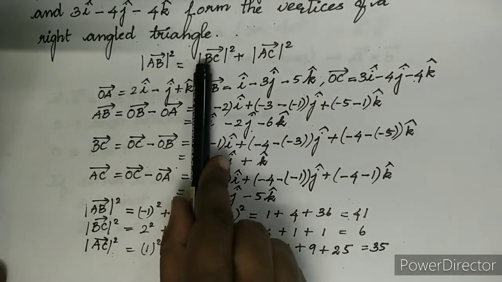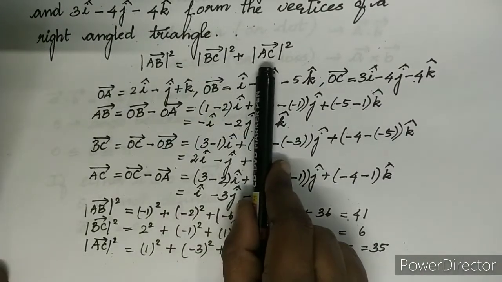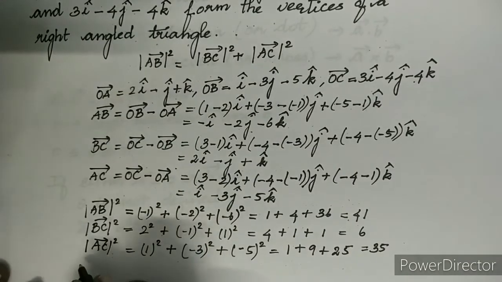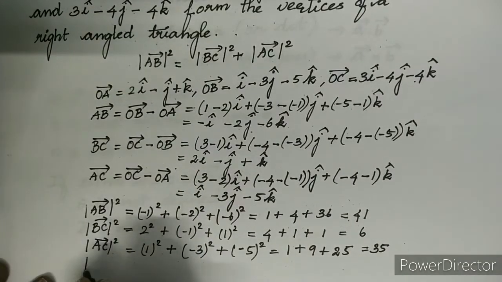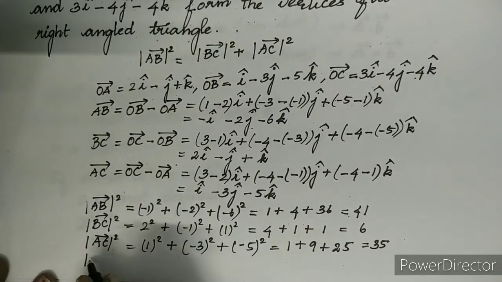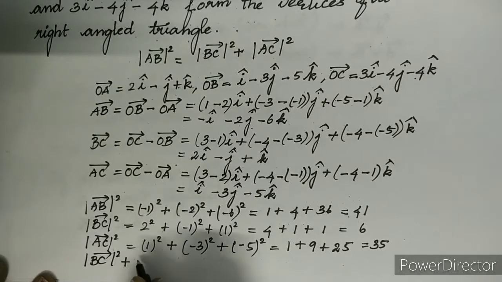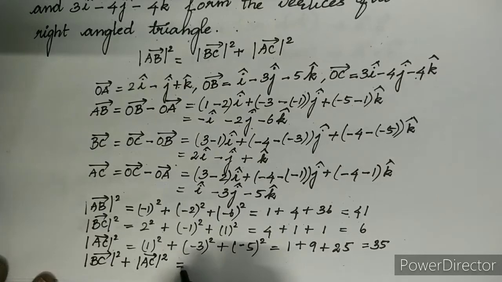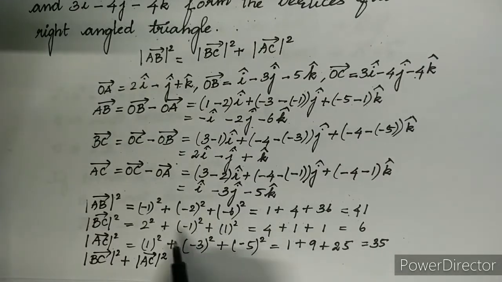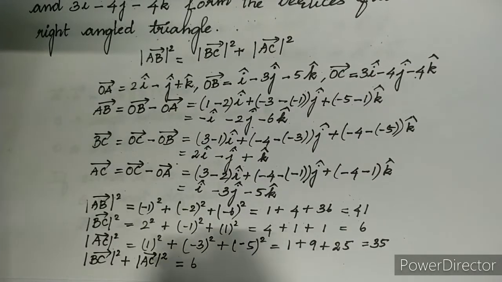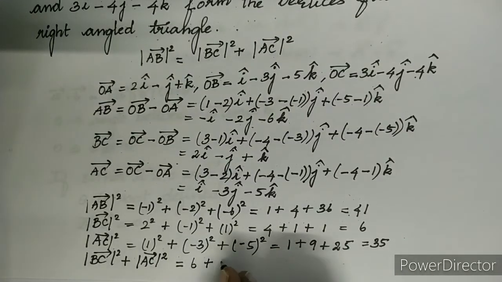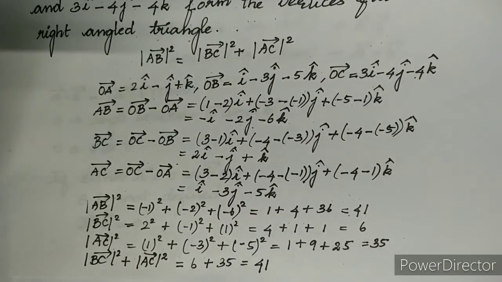Now we will add magnitude of BC vector square and magnitude of AC vector square. Magnitude of BC vector square is 6 plus magnitude of AC vector square is 35. 6 plus 35 is 41.